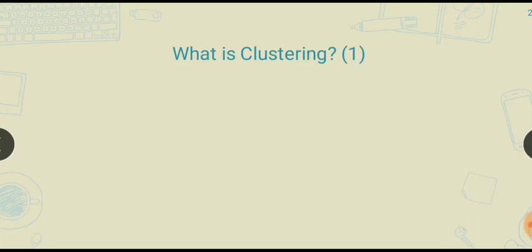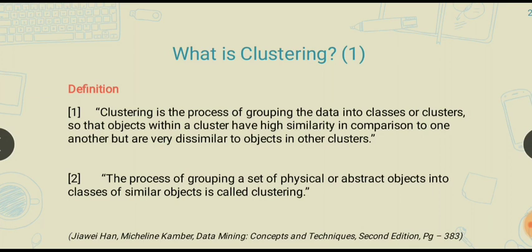What is clustering? According to Han and Kamber's book, Data Mining: Concepts and Techniques, I've picked up two definitions here on clustering. The first one: clustering is the process of grouping the data into classes or clusters so that objects within a cluster have high similarity in comparison to one another but are very dissimilar to objects in other clusters.